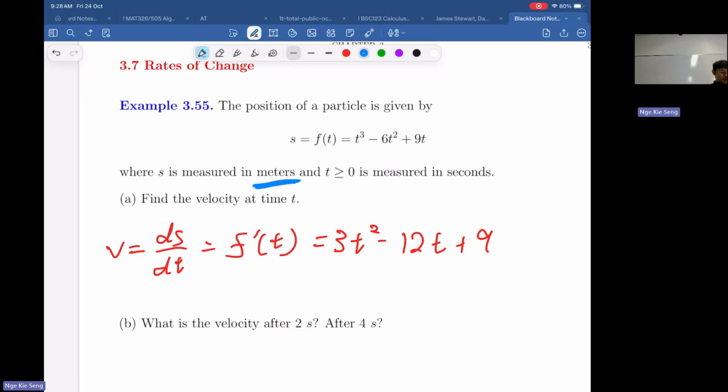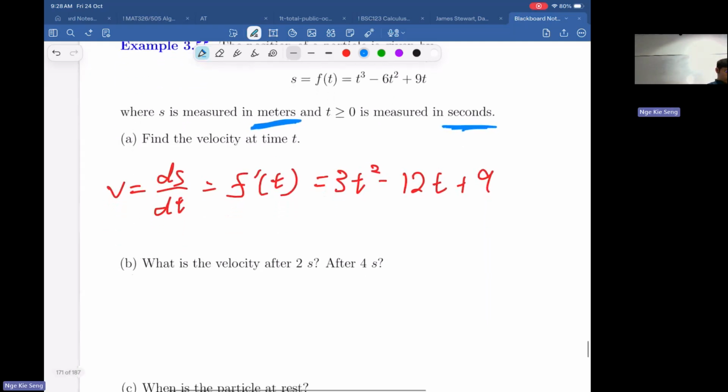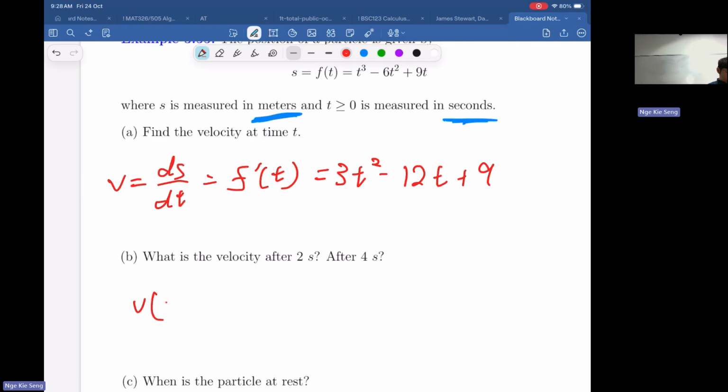Here x is measured in meters and t in seconds, so you can just do substitution without conversion. Sometimes the question is recorded in minutes and asks you in seconds, so you need to be really careful here. You just compute V2 and V4 here, then you will get the answer. That should be straightforward. I think we don't need to compute it here.